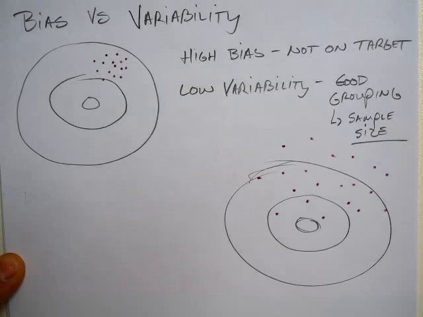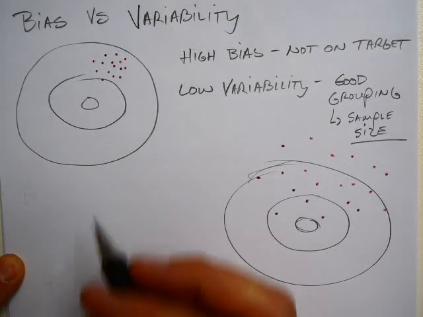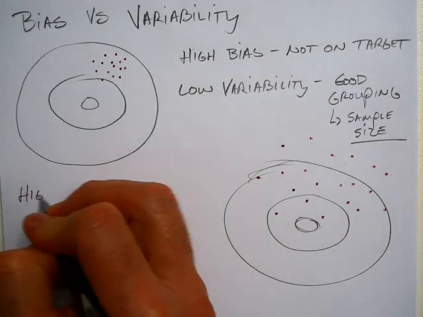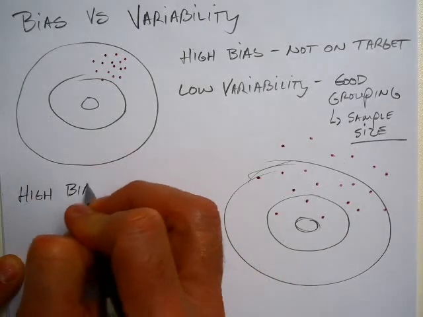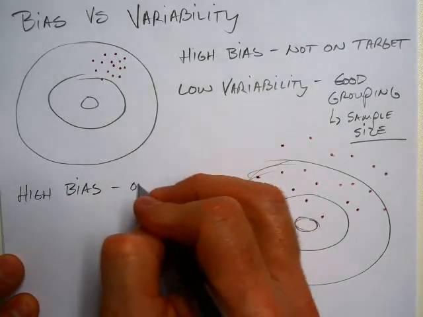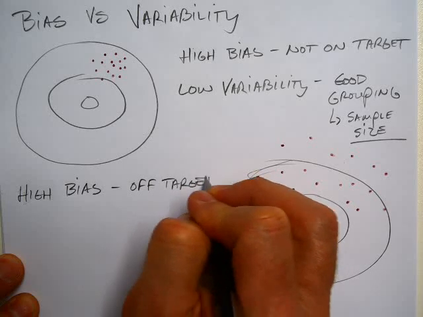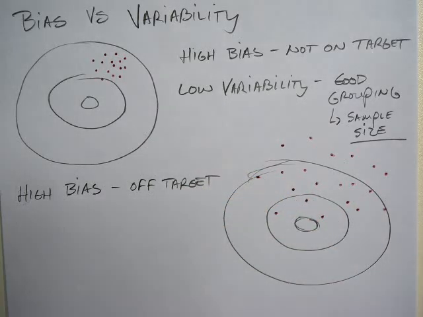Was I on target? It's high bias again. This is high bias. I'm off target still. I'm not hitting the target with my darts or my question. What do I want to know from the question? I'm not hitting it, so I must have had some bias in my question perhaps.